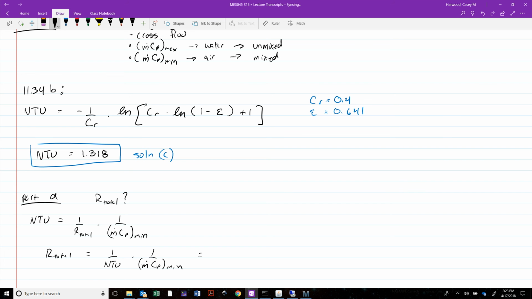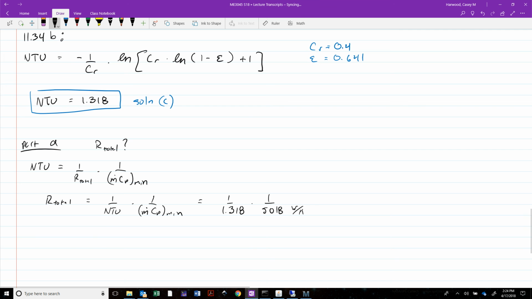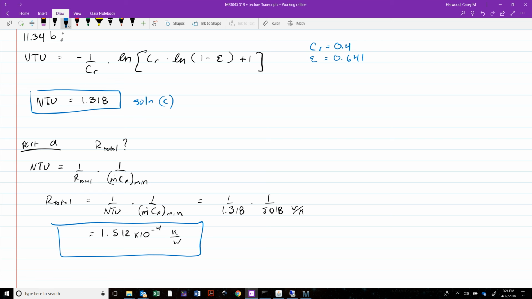And if we want to go ahead and plug those numbers in, it'll be 1 over 1.318 times 1 over 5018 watts per Kelvin. Should be 1.512 times 10 to the negative 4th Kelvin per watt. And that wraps up the solution.